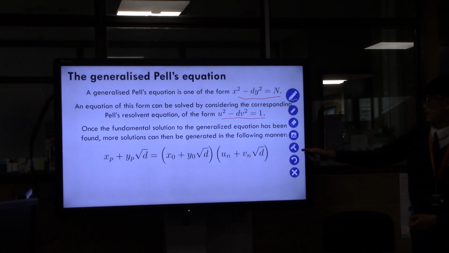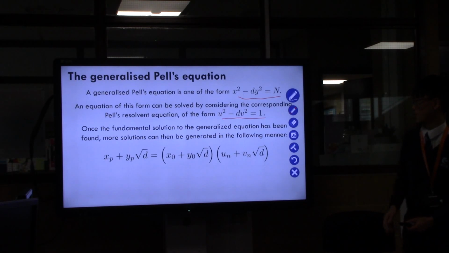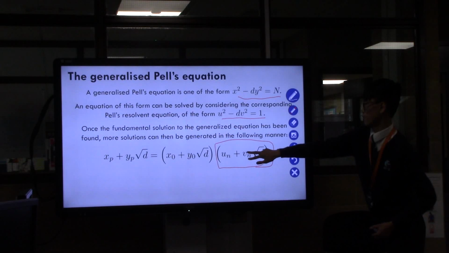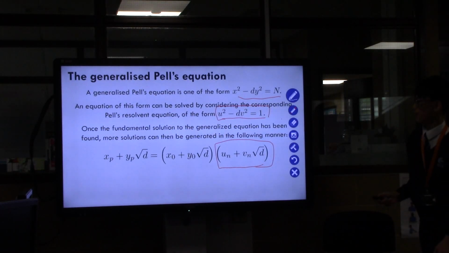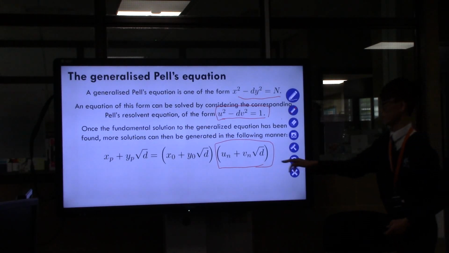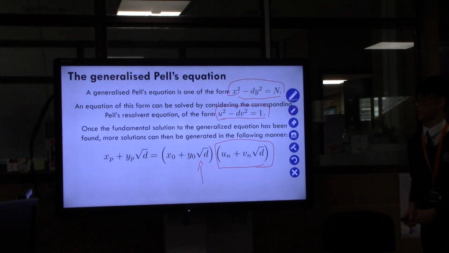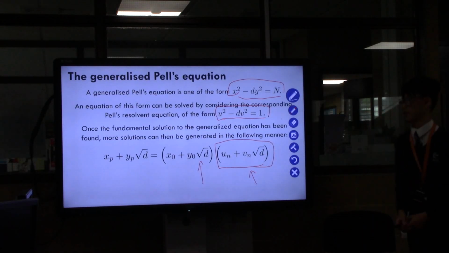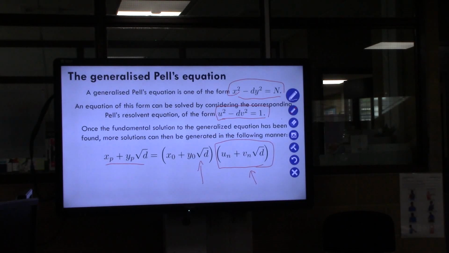This is how we generate more solutions for the generalized Pell's equation. I'll show you why this works on the next slide.